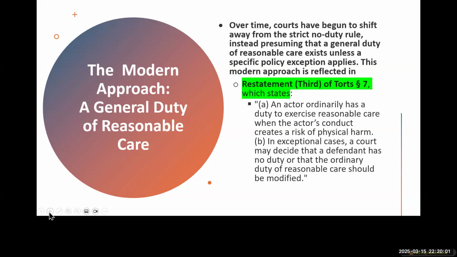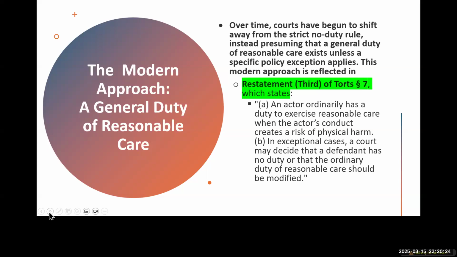The modern approach is there is a duty of reasonable care owed to everyone. Over time, the courts have begun to shift away from the strict no duty rule, instead presuming that a general duty of reasonable care exists unless a specific policy exception prevents it from existing.